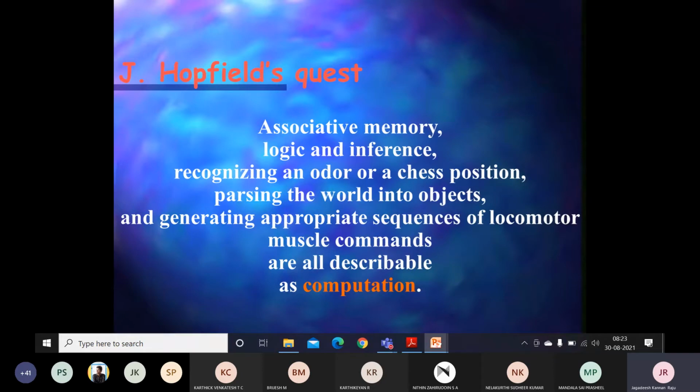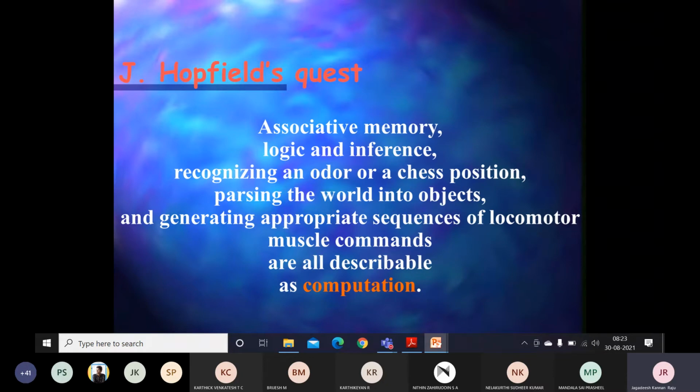It stores certain information in associative memories, it thinks about logic, and it looks for inference. Then it tries to recognize an odor, whether it is a good or bad smell, and from which direction the smell is coming, whether from the front, backward, left, side or diagonal directions. Like that, recognizing the odor or recognizing the chess position.